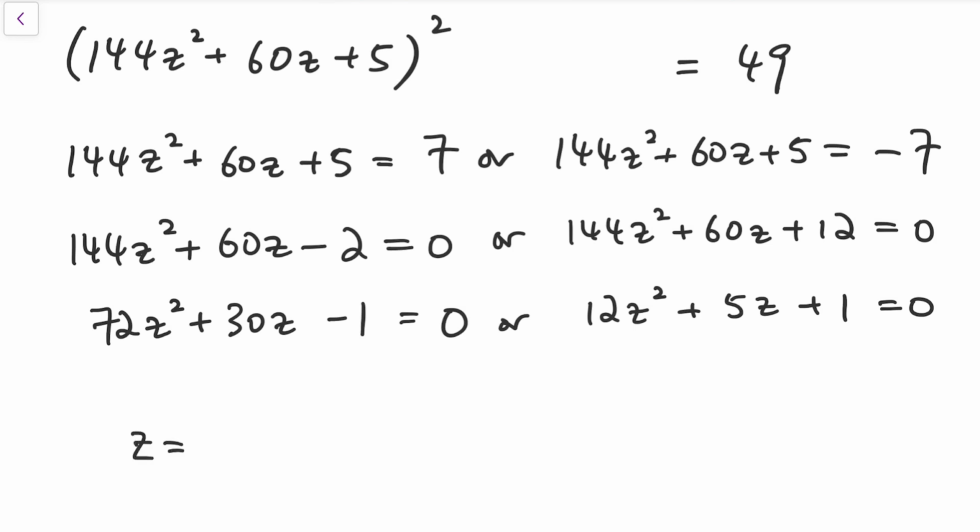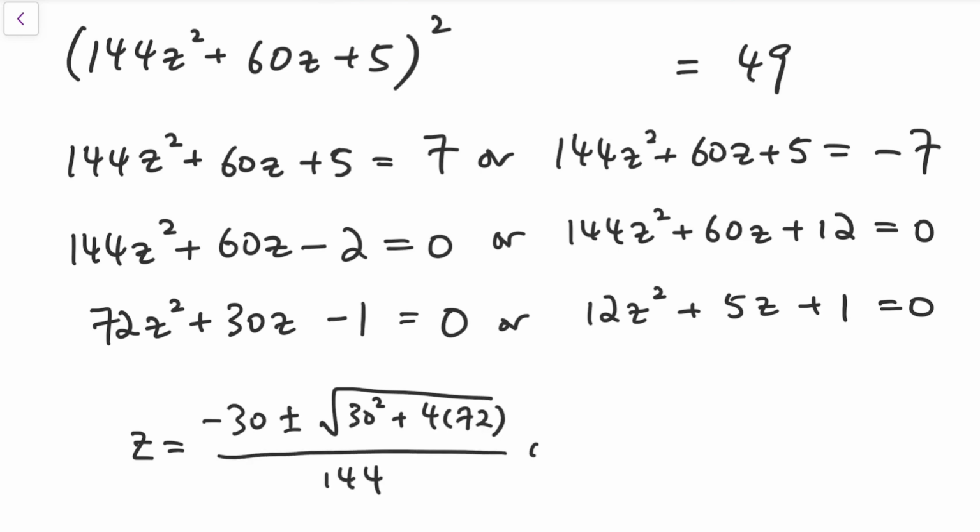So solving, for the first quadratic, we should have real roots because the discriminant is 30 squared plus 4 times 72, and that's clearly positive. Whereas for the other case, we will have non-real solutions.